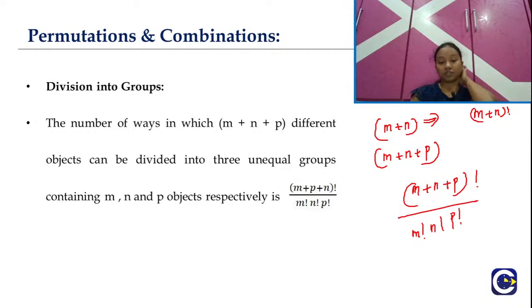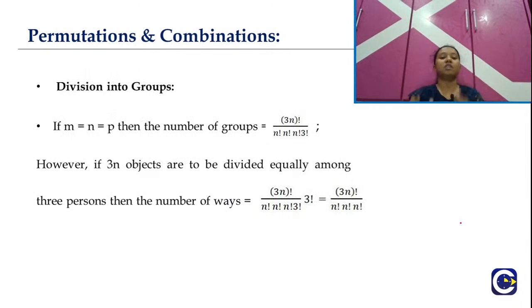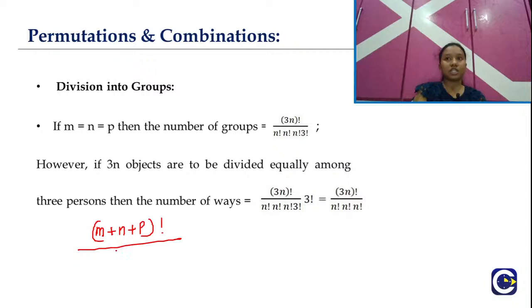Right. After this, if we have equal groups, so all these m, n and p will be equal. That will be the second case which we have discussed. When all 3 are equal, initially it is m plus n plus p factorial by m factorial into n factorial into p factorial. Now in this particular case, m, n and p all will be equal, so substitute n in place of m and p also.